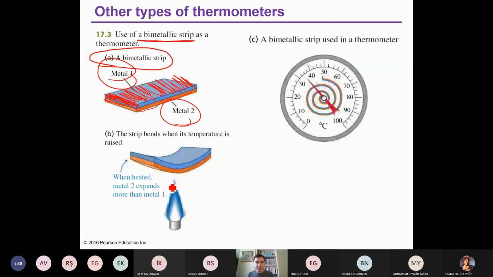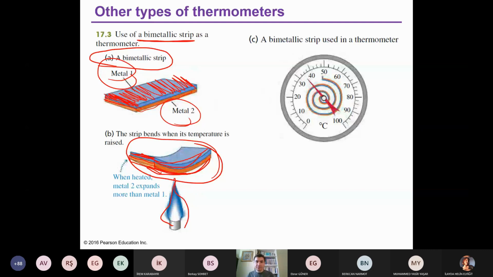So if you use a heat source here, if you heat the material, then the bottom metal, metal 2, will expand, and this upper metal, metal 1, the blue one, will also expand. But since they have different thermal expansion properties, you will have this type of shape, and you can measure the temperature by using this type of bimetal.